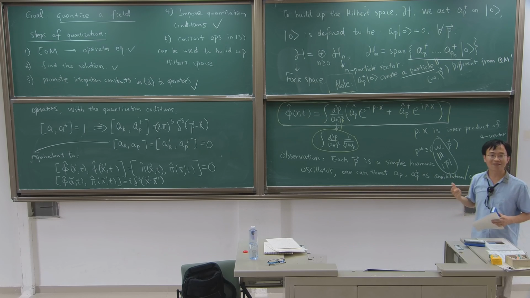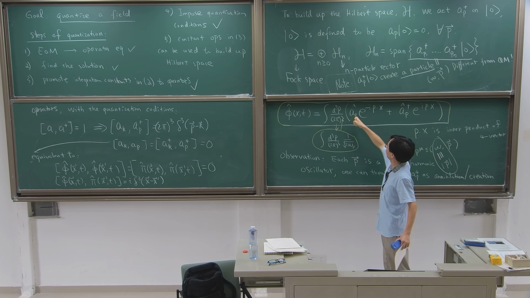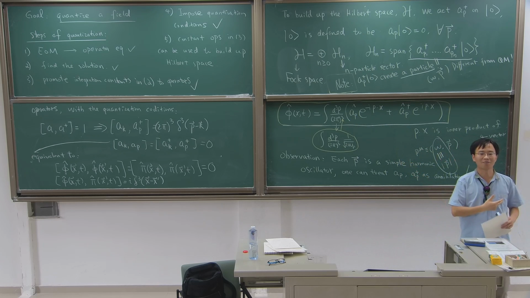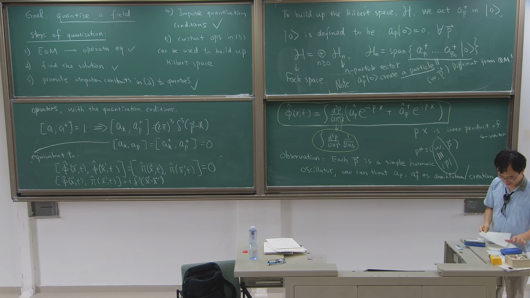Now, if you have this one, we also have the commutation relation between these two. Then basically you can work out many other relations. You basically know how to deal with phi as an operator anywhere. That's the point.